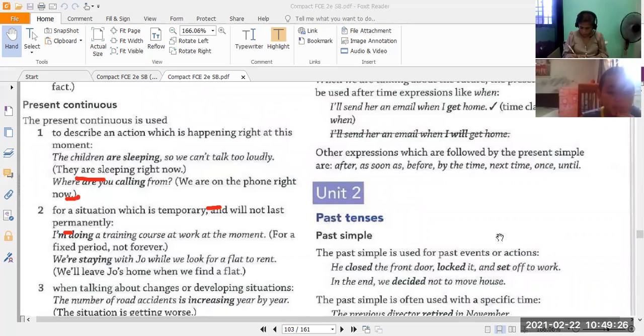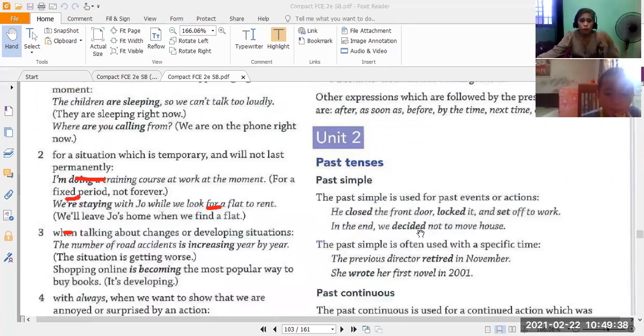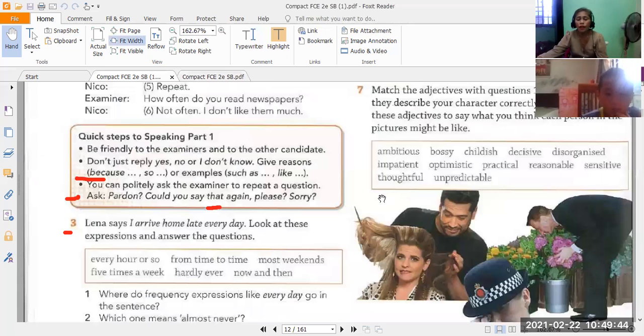Tomorrow we will have an activity regarding the past tenses. I will give an activity which is not actually in your book. We can find activity on the internet and then I will give it to you.